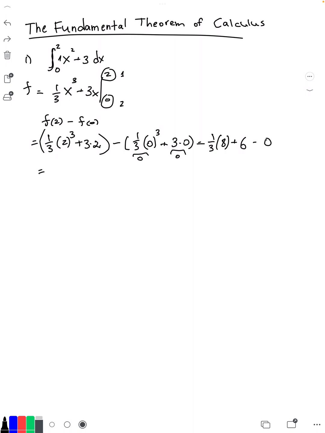So basically we're gonna have 8/3 plus 6. An easy way to solve it would be to take 6 multiplied by 3/3, which is 1, giving us 18/3. So 8/3 plus 18/3 results in 26/3.